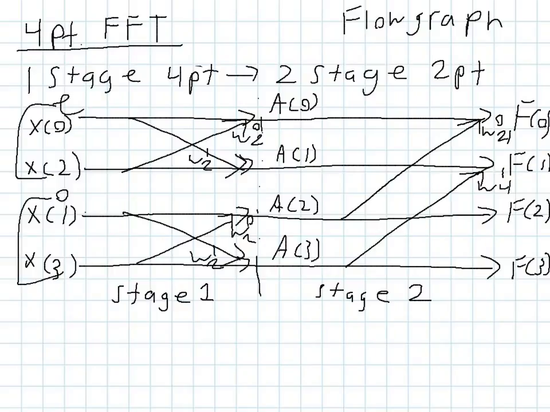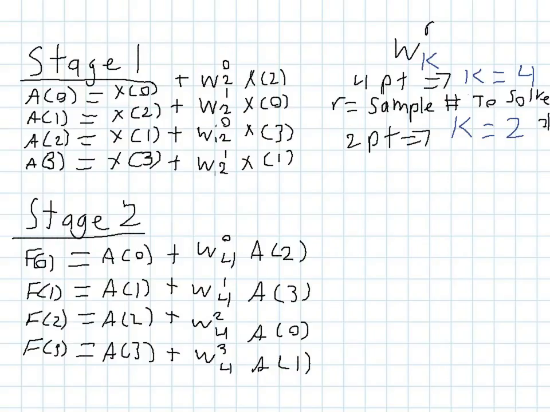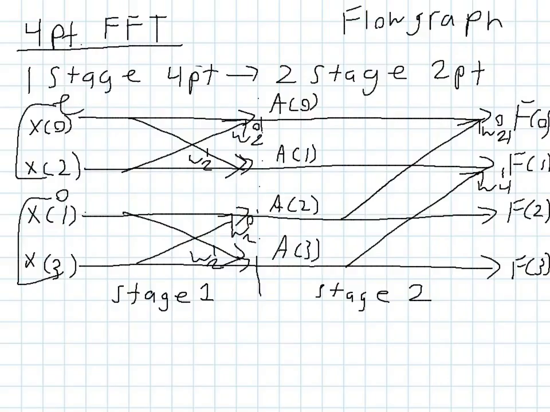Okay, we'll look over here and we'll find f2 is a straight mapping of a of 2 corresponding to a twiddle factor multiplied by a of 0. So a straight mapping of a of 2, then we want a line coming down from a of 0. So the twiddle factor is going to be 2 over 4, and we're looking for this sample.